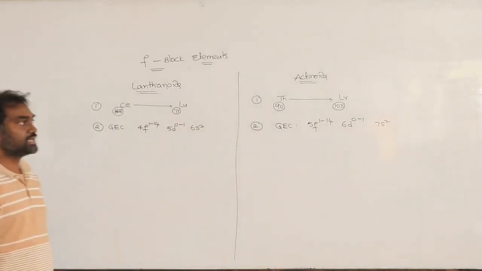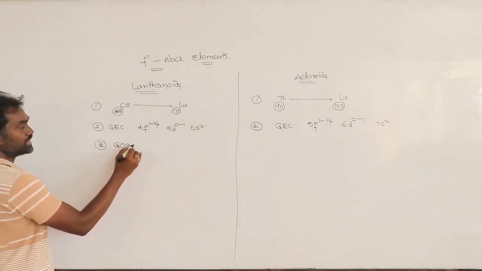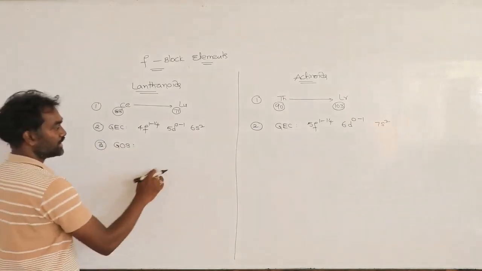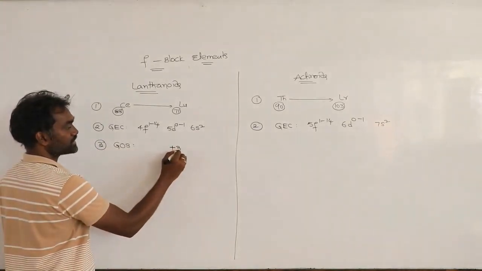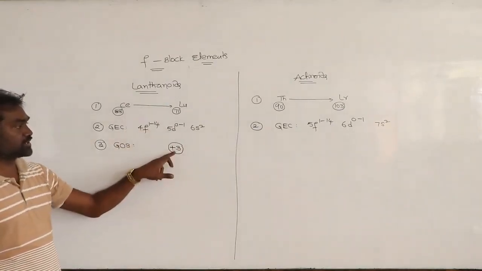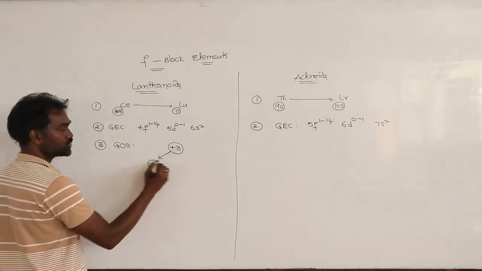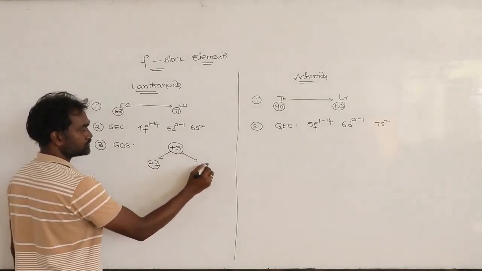Next, the general oxidation state. Generally everybody shows +3. Lanthanides show +3, but some elements also show +2 and +4.